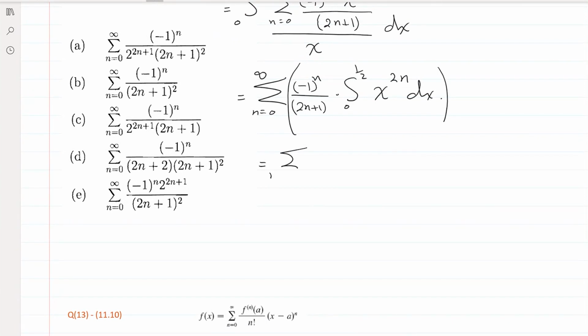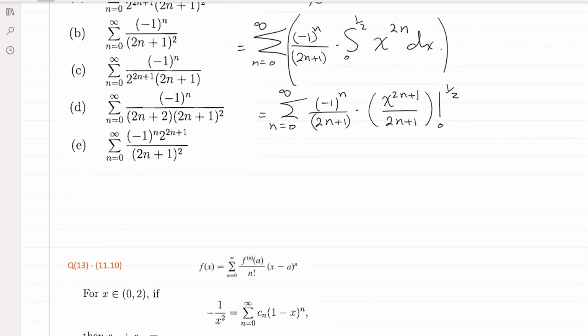This is equal to the sum from n equals 0 to infinity of minus 1 to the power n over 2n plus 1, multiplied by the integral of x to the power 2n. It will be x to the power 2n plus 1 over 2n plus 1. And you have to substitute it from 0 to half. Is that clear? Yes, clear.